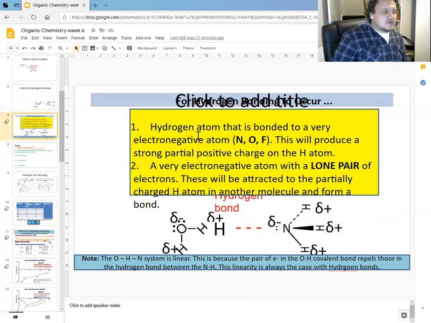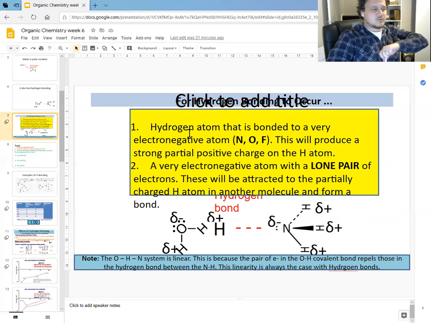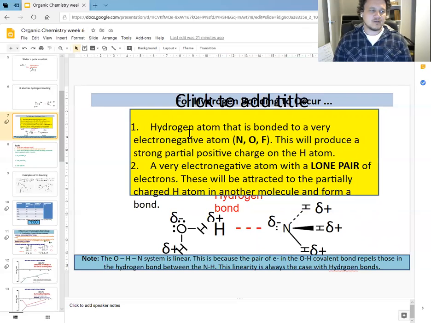So when hydrogen is bonded to a very electronegative atom, this will produce a strong partial positive charge on the hydrogen. So we go all the way back to the basics, when an atom loses its only electron, or an outer shell electron or a valence electron, it becomes positively charged.